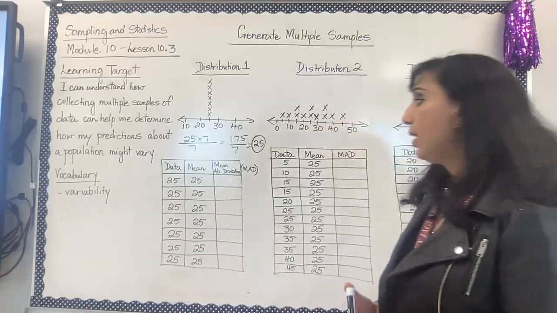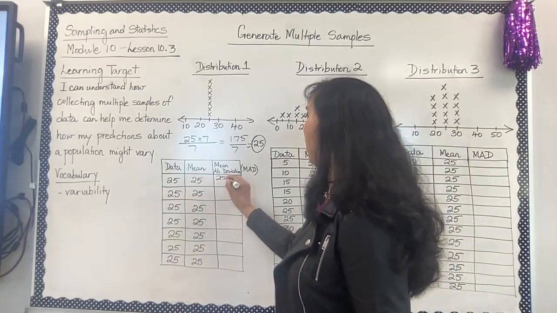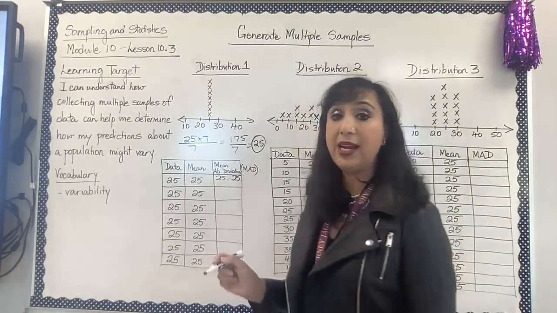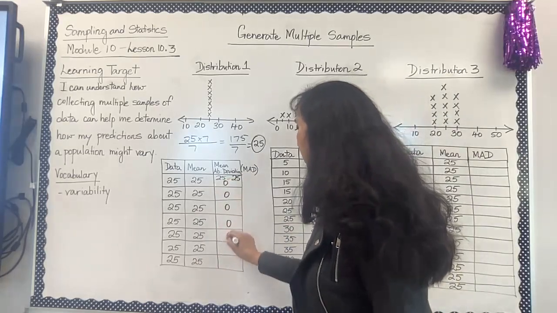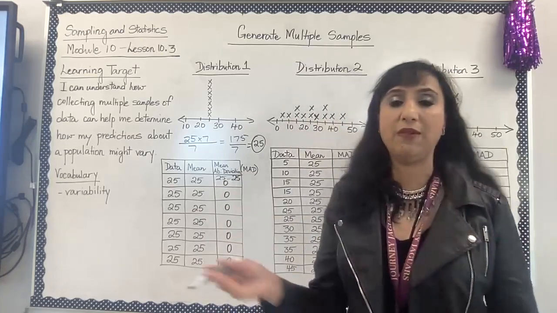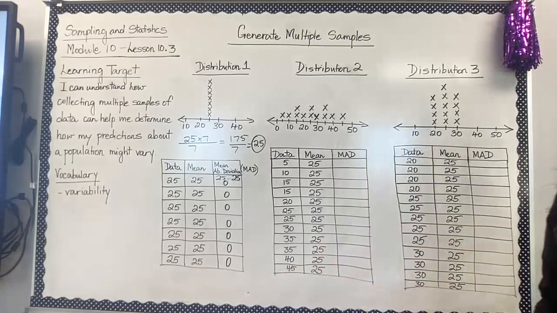So what is the distance of 25 from 25? Basically, this is 25 minus 25, right? So the distance in all of these is going to be 0, because it is the same place, right? So the distance is going to be 0.